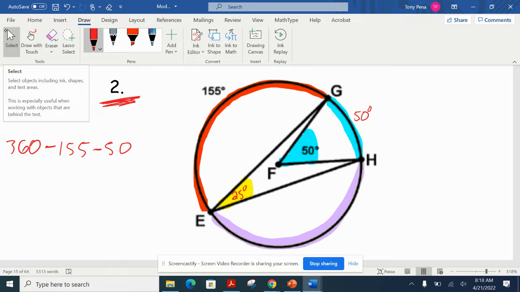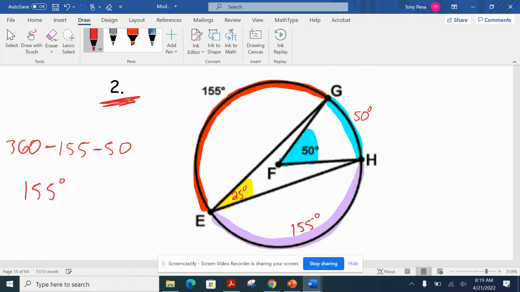All right, so if we did that, what is that, 205? So 155? Somebody check me on that. 155? Okay. So this purple arc has to be 155 degrees. All right.